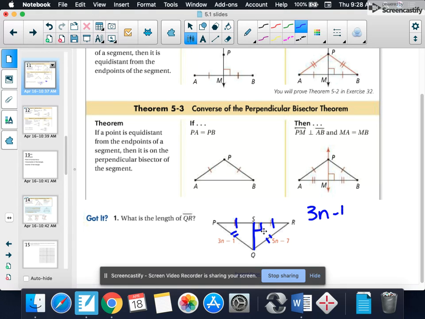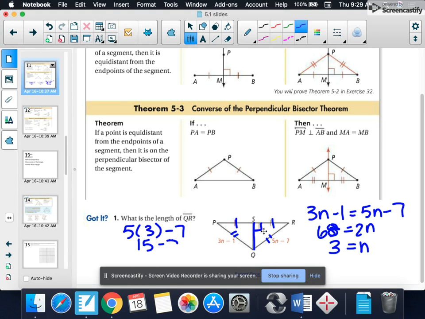We have 3n minus 1 equals 5n minus 7. So we get 2n equals 6, so n equals 3. And then we need to plug back in to figure out what QR is. So 5 times 3 minus 7, so 15 minus 7. QR will equal 8.